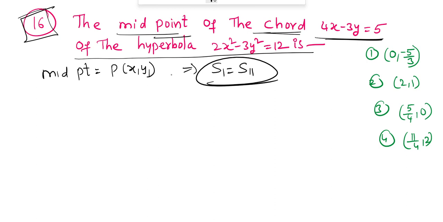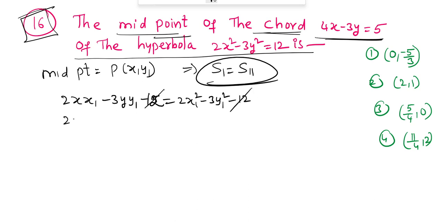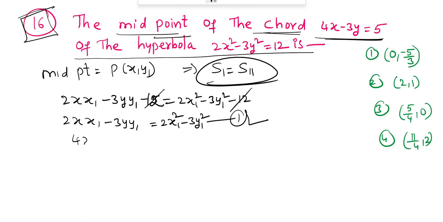S1 for the hyperbola is 2x x1 minus 3y y1 minus 12, equal to S11, which is 2x1 square minus 3y1 square minus 12. Both sides minus 12 cancel. From this, 2x x1 minus 3y y1 is equal to 2x1 square minus 3y1 square. This is the chord equation, and the given chord equation is 4x minus 3y is equal to 5.